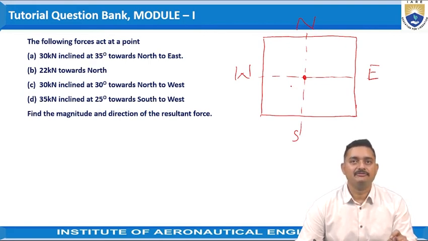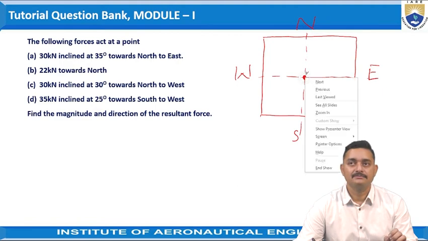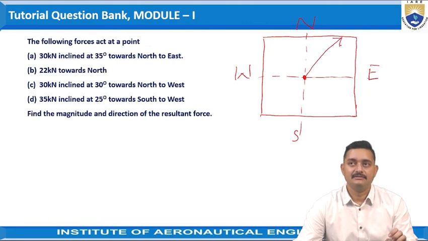The first bit that is given is a 30 kilonewton force inclined at 35 degrees towards north to east. That means the force is acting in this direction, and the inclination given is 35 degrees here, north to east.